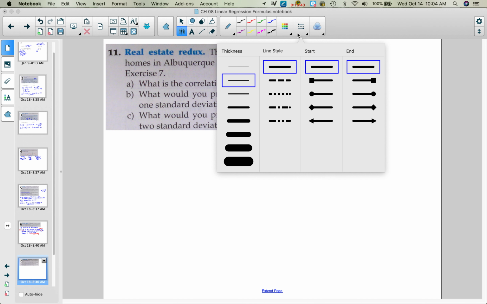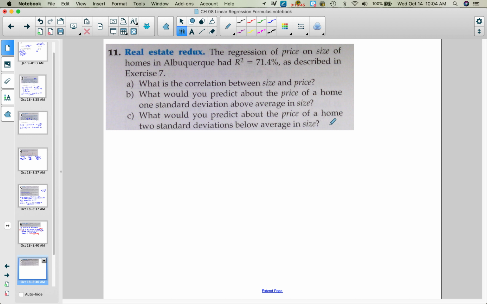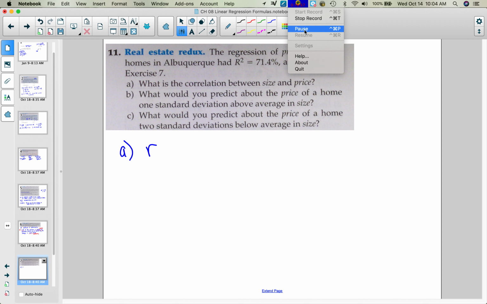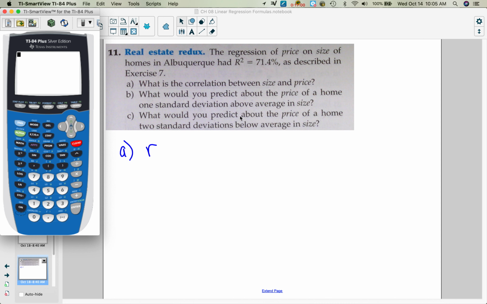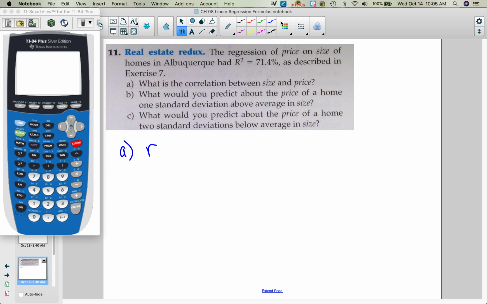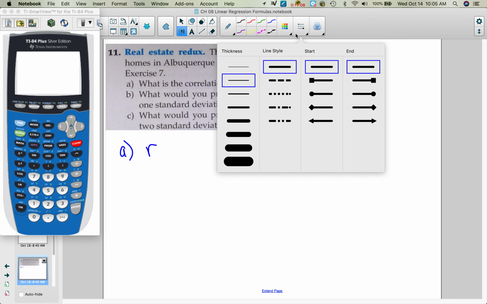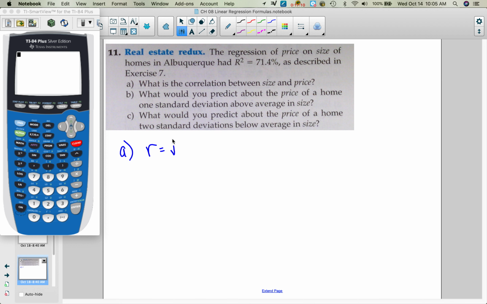Okay, next question. Still on real estate. The regression of price on size of homes in Albuquerque had r squared equal 71.4% as described in exercise 7. What is the correlation? Well, remember the correlation is r. So you might wonder, we know r squared. How do we get r? It is that easy. You're just going to take the square root of whatever r squared is.